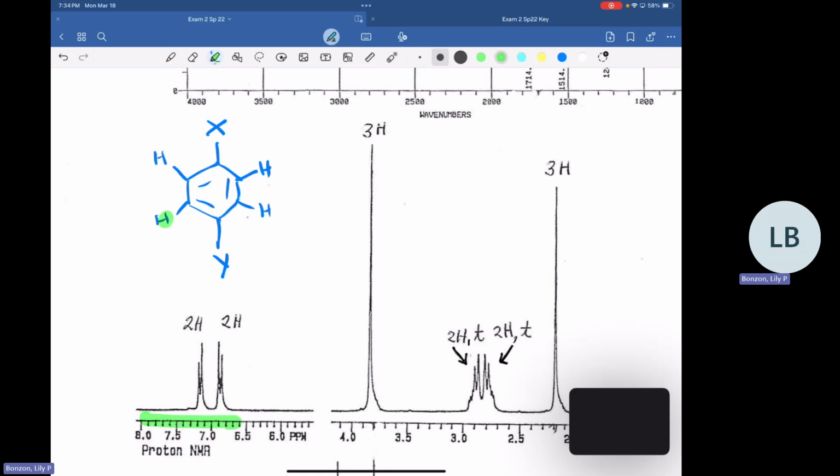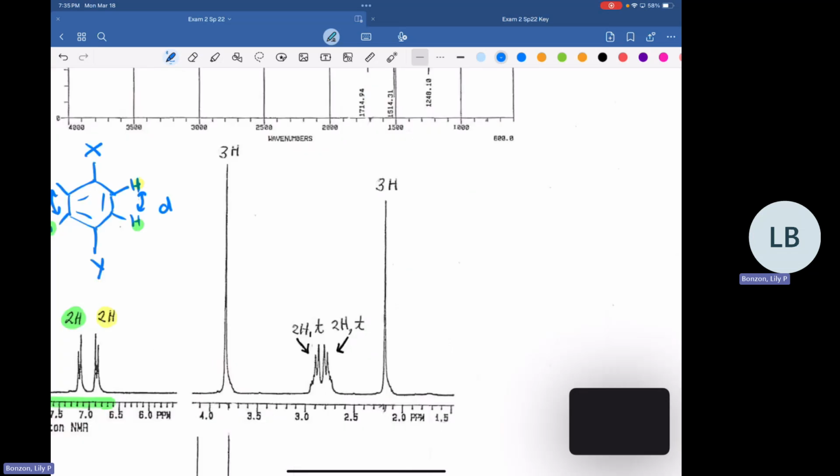So these 2 hydrogens are going to be equivalent, and these 2 hydrogens are going to be equivalent. So they'll stack together on the same peak, and then they split each other. So they have a doublet peak. Shorthand, just remember doublet is going to be para-substituted benzene.